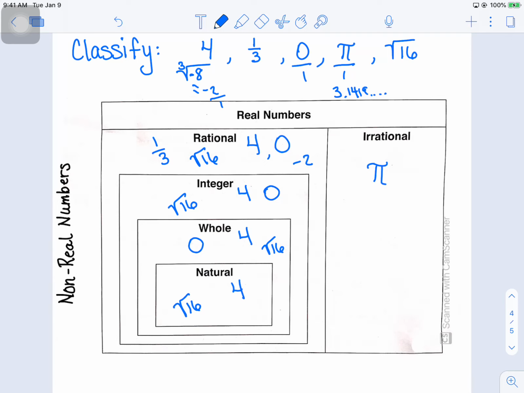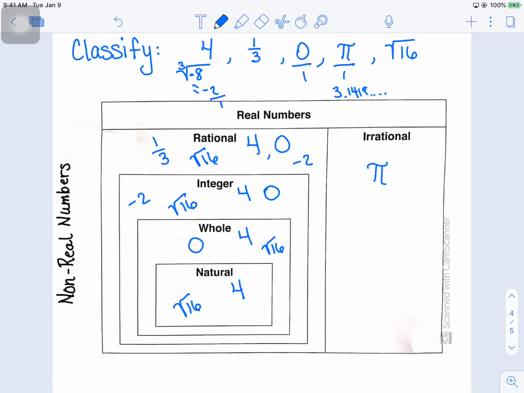Then we go further. Is it an integer? Yes, it's an integer, because integers are negative and positive whole numbers. Is it a whole number? Not if it's negative. So negative numbers cannot go in the whole. So as far as -2 can go, it can go to the integer world, it can go to the rational neighborhood, it's all in the real number system. So most specifically, we can call it an integer.